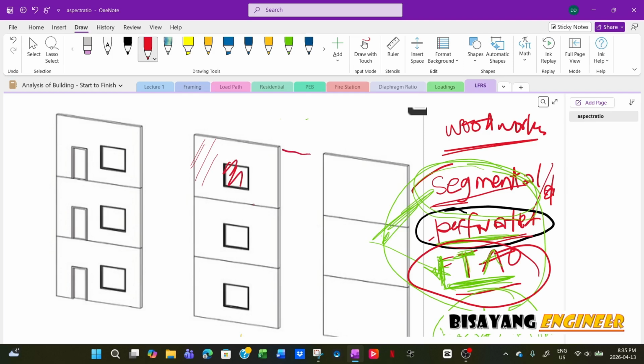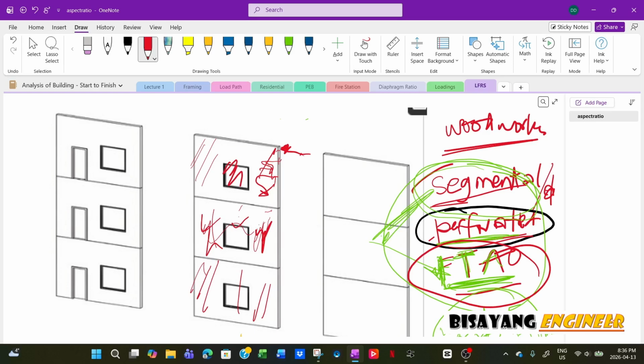For example, the load right here is smaller than this here. The load on this floor will be smaller than this one because this one accumulates the force from the upper floor and that floor level itself. And then the lowest floor will resist the whole load from the roof all the way down.